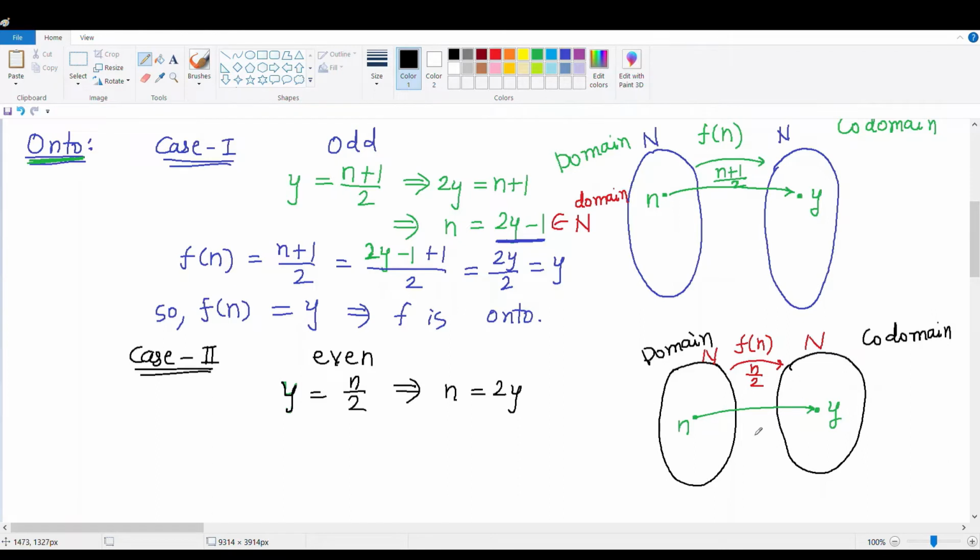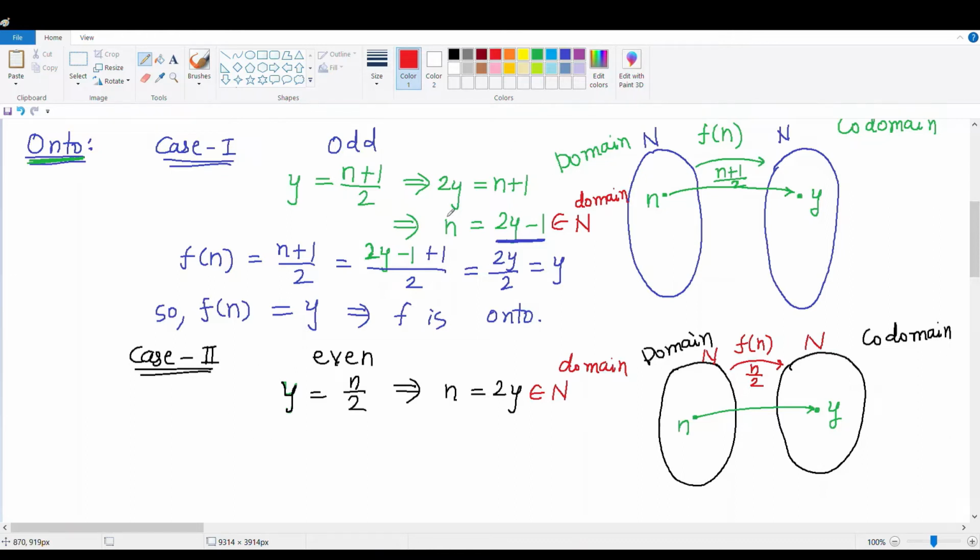If you double it, of course that number is also a natural number. So that is going to belong to the domain, right? And we can write that this belongs to n, which is our domain. So of course you will be able to find a pre-image whatever element you pick in our codomain. When every element in the codomain has a pre-image, that means that function is onto.